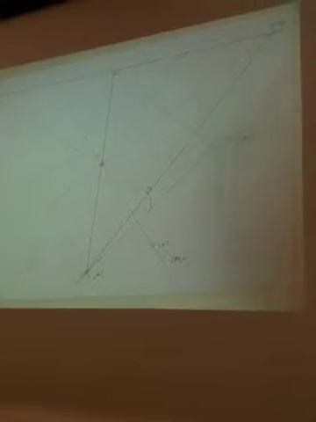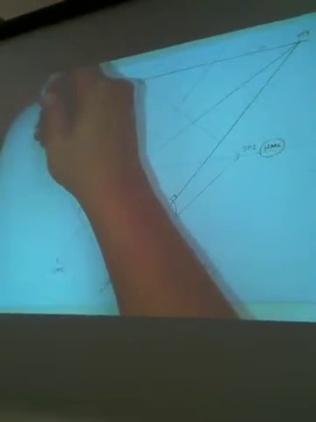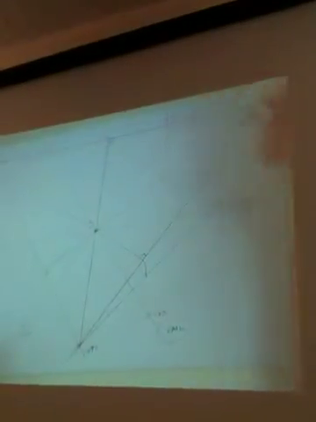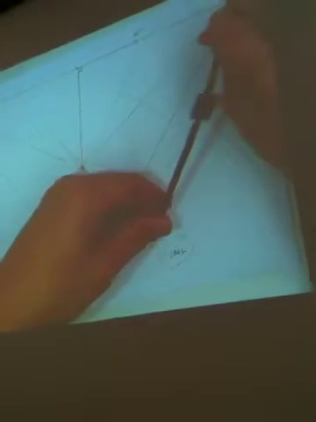All right, so how do you find the measuring points? The same way we did before. You go from the vanishing point to the station point. You swing it up to the eye level. So that becomes measuring point 2. Vanishing point to station point, swing it up to the eye level.